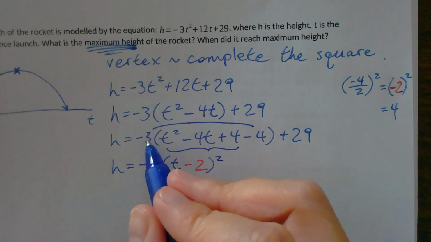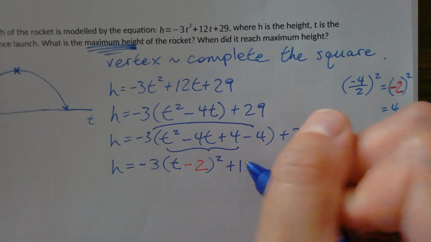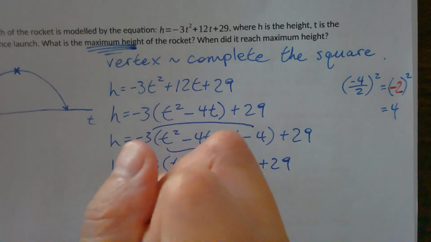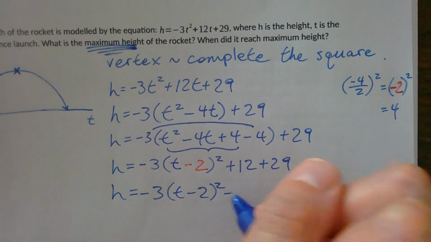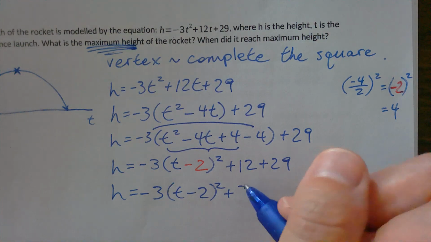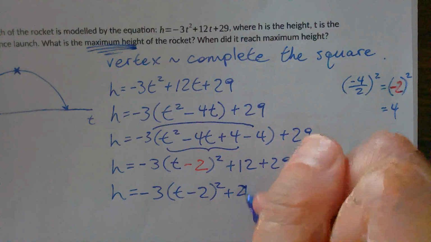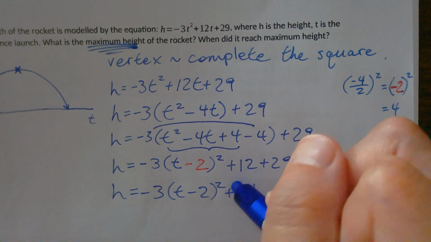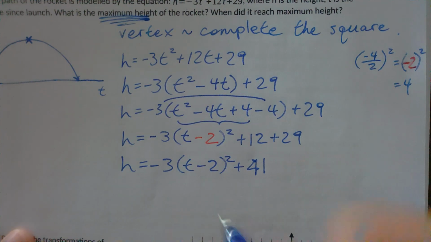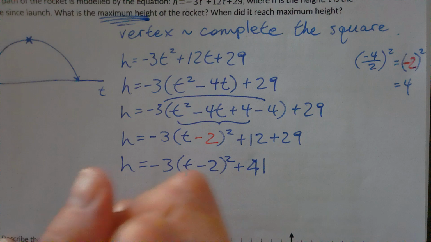And then when you multiply that out, you get the plus 12. So h equals negative 3 times (t minus 2) squared plus 41. Okay. So what does this mean if I were to write a therefore statement?